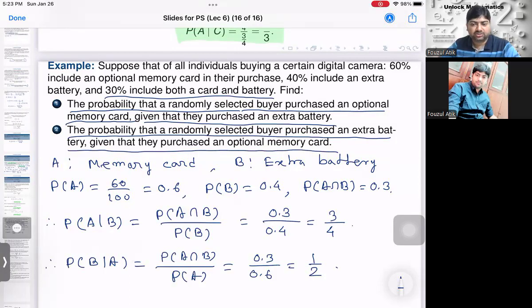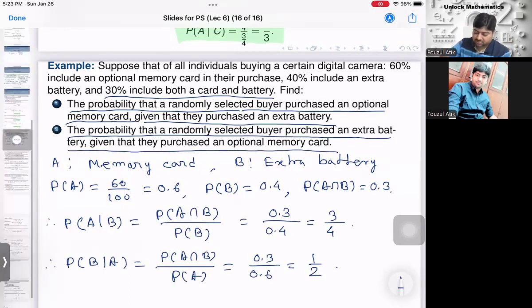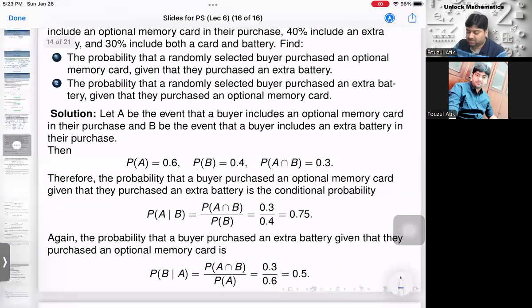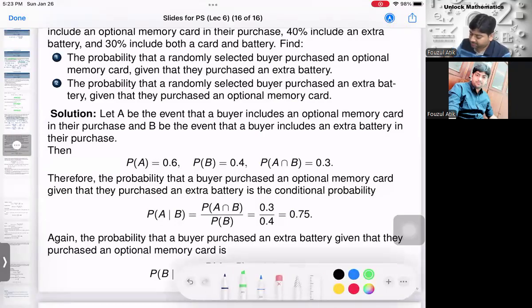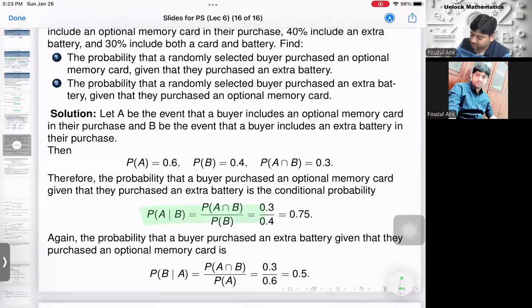This way we can easily solve this problem. Formally, everything is written in a very formal way. You can see this answer, that is what we have discussed: P of A given B equals this, P of B given A equals that.